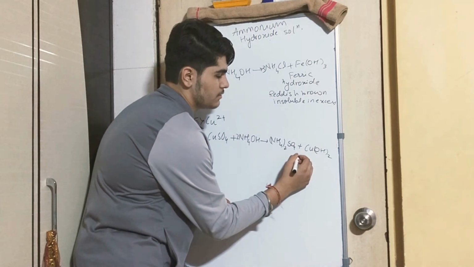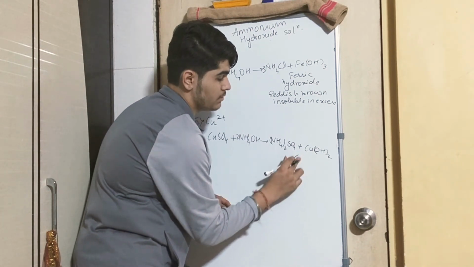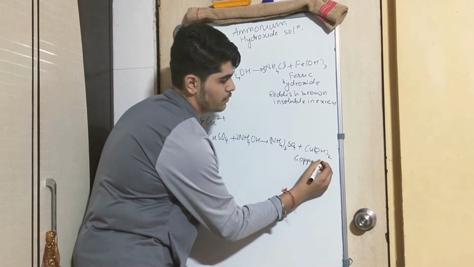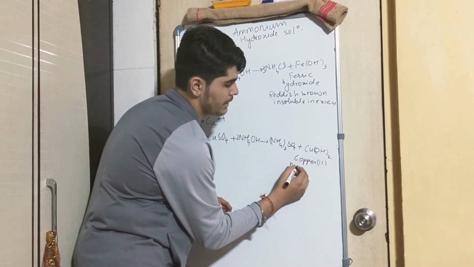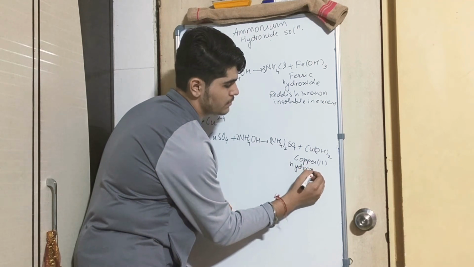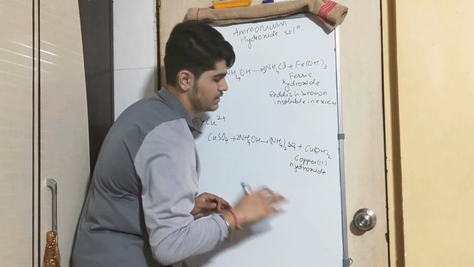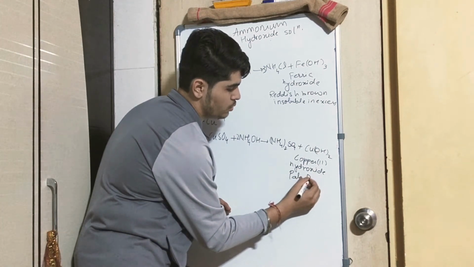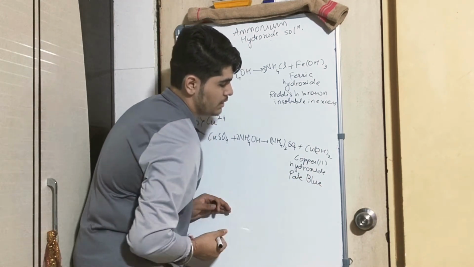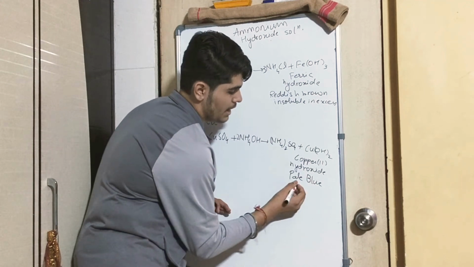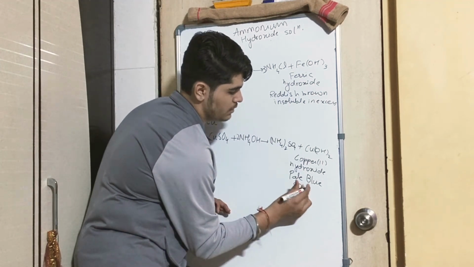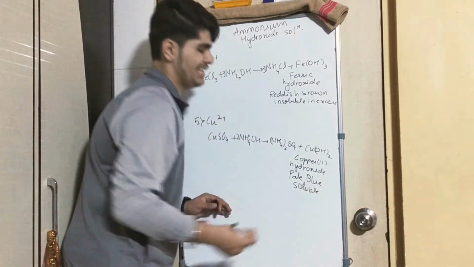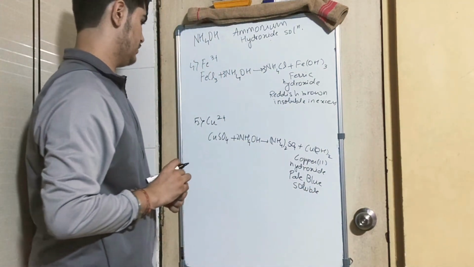So here we get copper(II) hydroxide, which is pale blue in color, and it is soluble in excess of NH4OH.